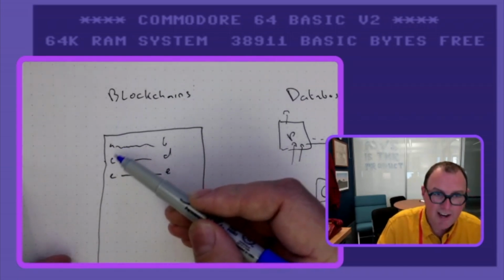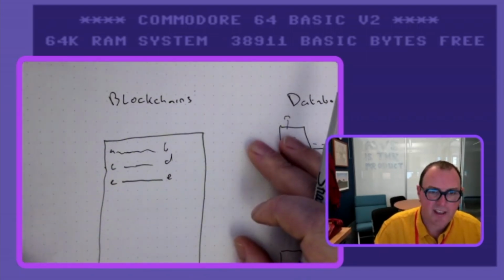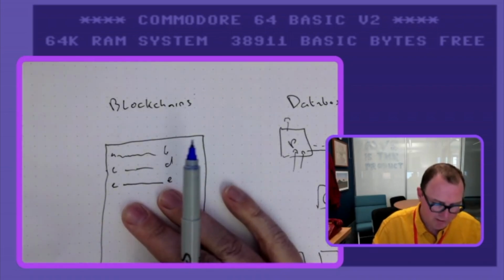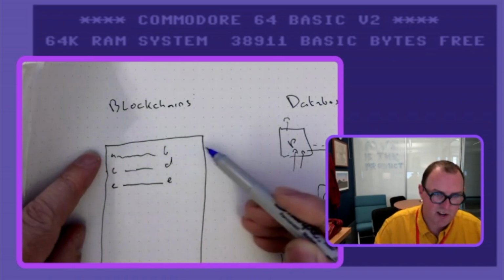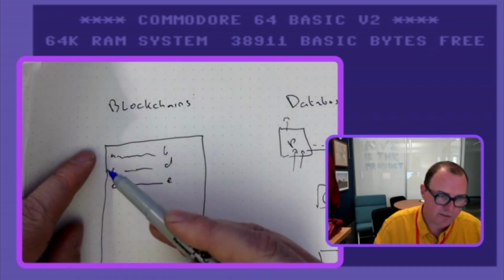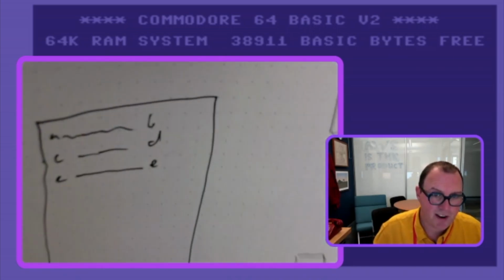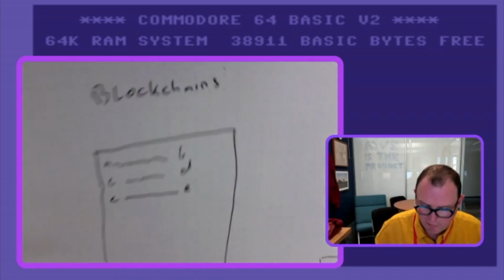You see the key IDs, but it's not like there'll be a physical name attached to that. So there is a little bit of privacy in that sense, but you see the owner of this key is transferring money to the owner of this key, and so on and so forth, right? And in systems that are that public, it's pretty easy to figure out who's who. We're pretty good at figuring out patterns.